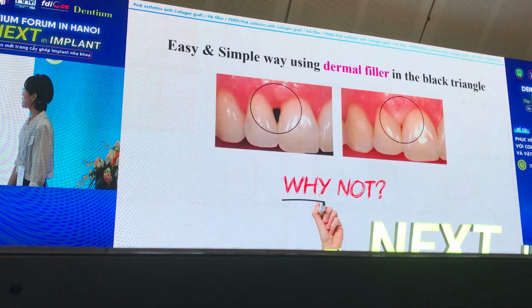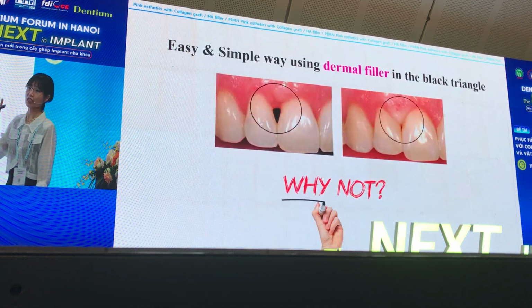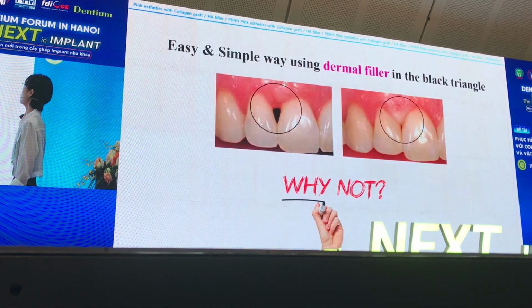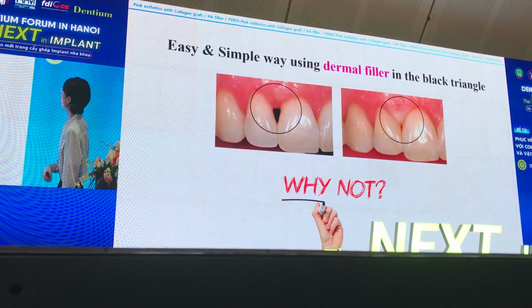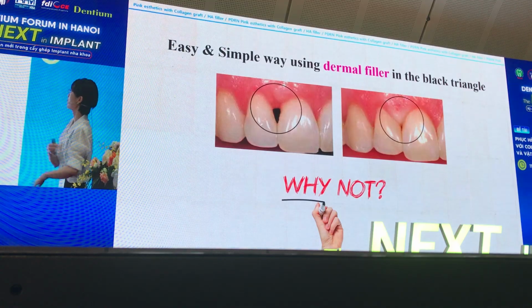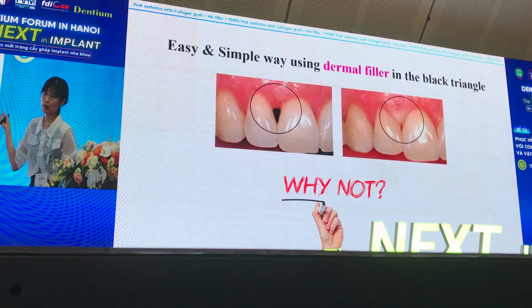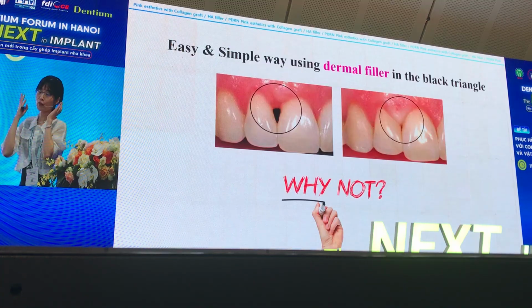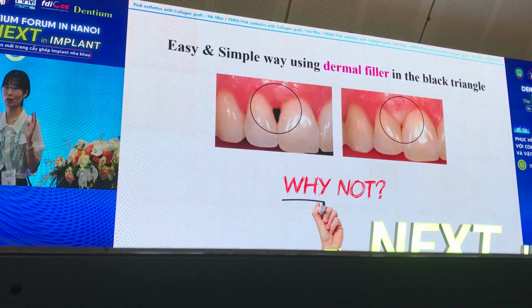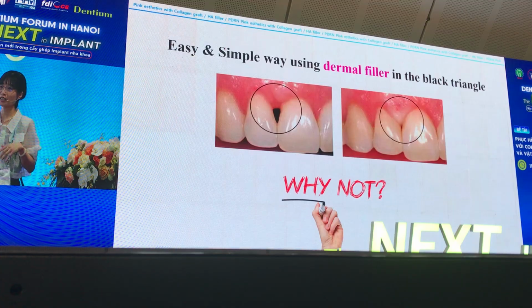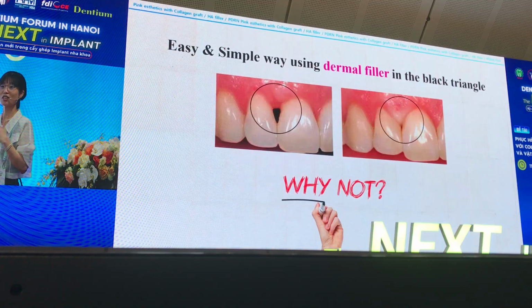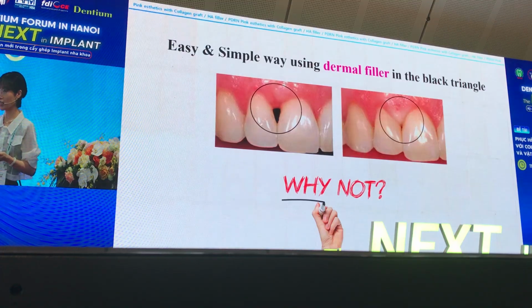So we can think about an easy and simple way to treat the black triangle using HA filler. Because the face is also skin, right? And gingiva is also skin. It is just introverted, right? So we can think very easily.